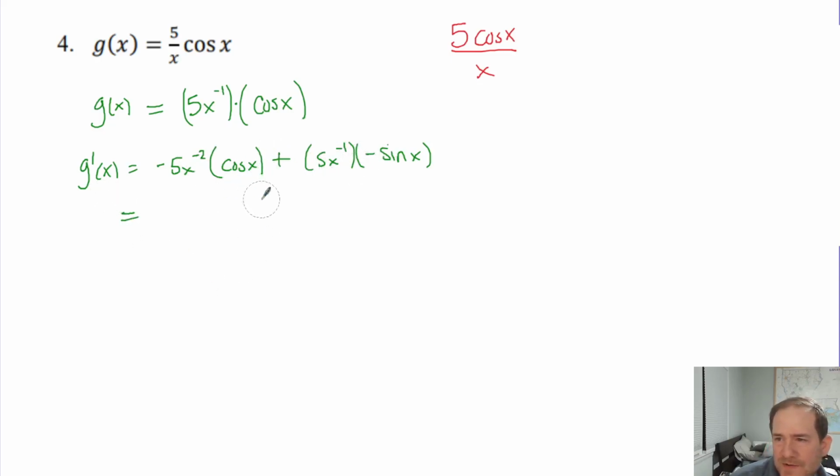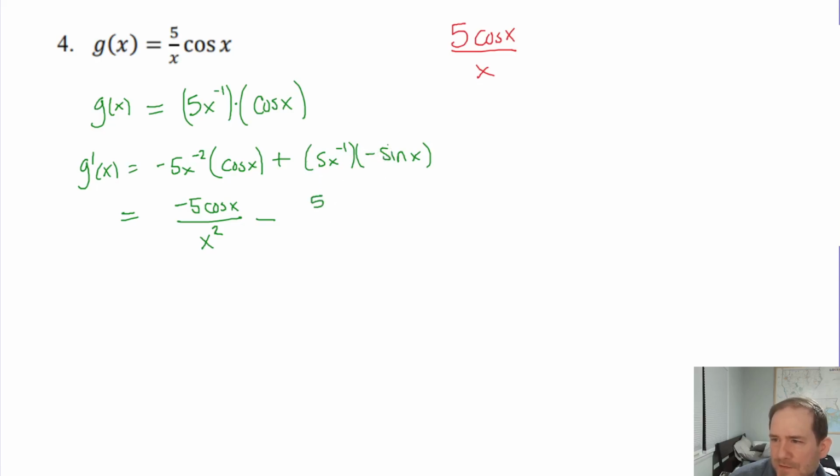There's all sorts of stuff we would have to fix here. So let's start fixing. First thing is this x would want to get moved down to the denominator, so we would have a negative 5 cosine x. But then down in the denominator would move our x to the negative 2 and make it x to the positive 2. Then this says plus, but we're adding a negative, so we'll make it a minus.